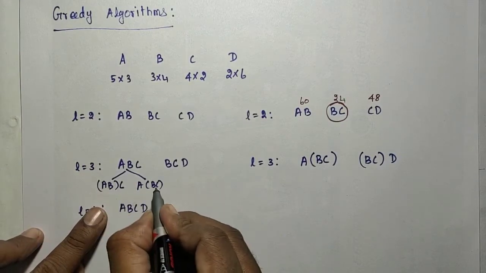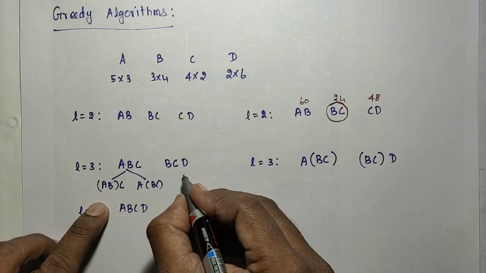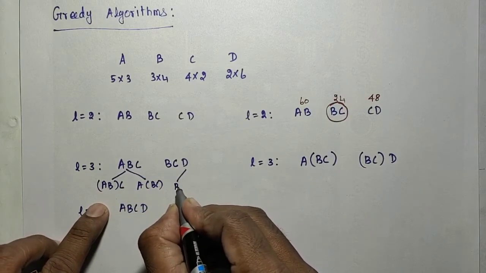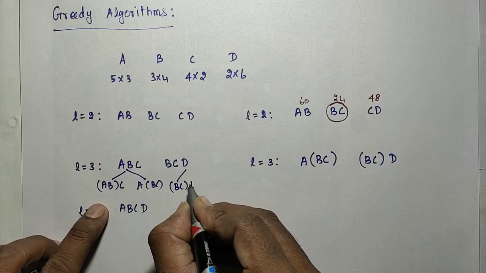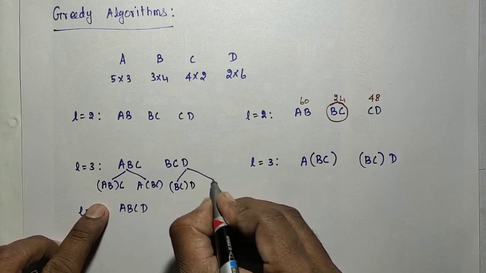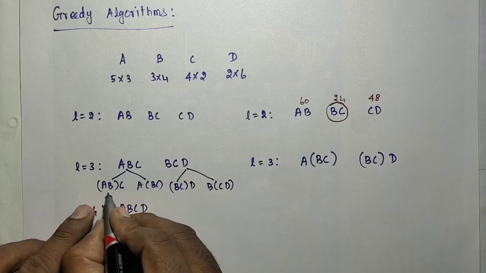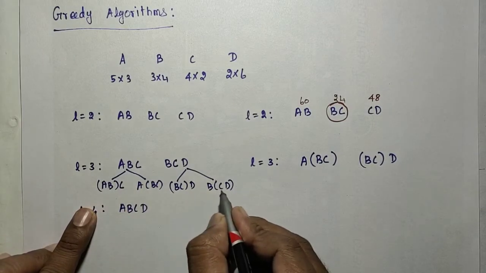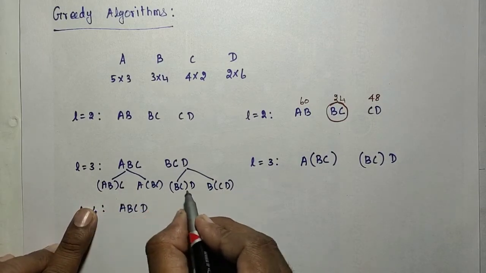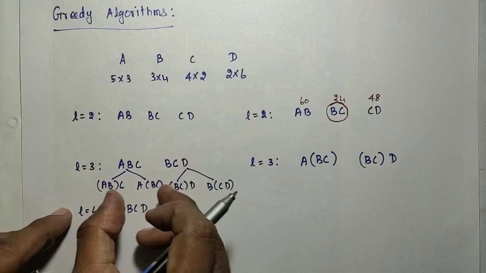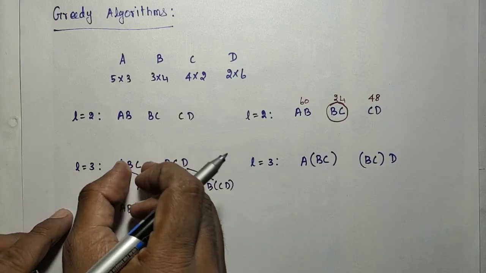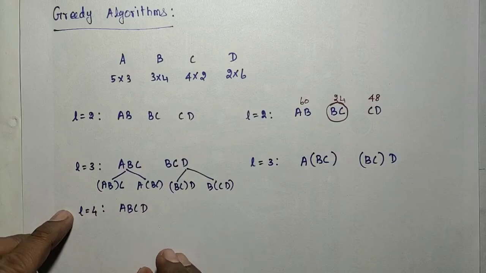From that we will choose the best one. Again here we will find BC into D, and another one, B into CD. Like that we have to check all these cases, so the search space here is huge. From those 4 solutions we will obtain ABC and BCD.